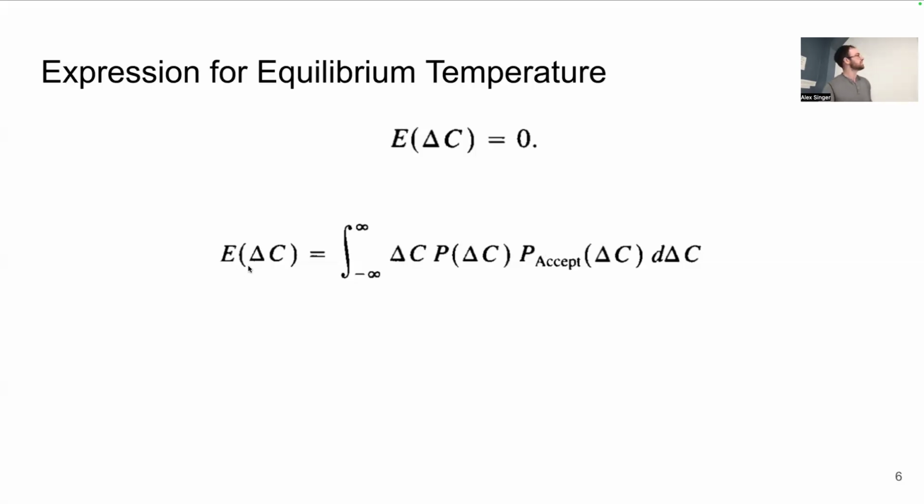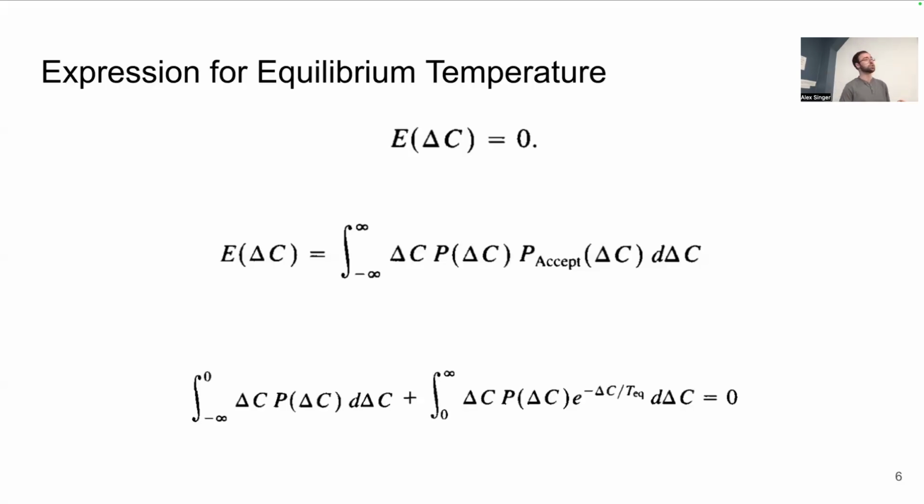This is just the continuous form of this equation. You could also write this in its discrete form using summations, but this closed form is actually more convenient for the theory. But this probability of accept can be broken up into two pieces, because if the delta cost is negative, we always accept it. So we break this into two pieces.